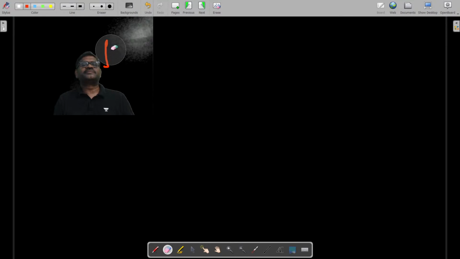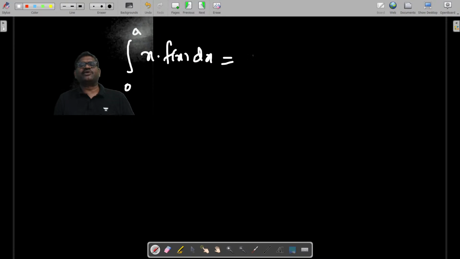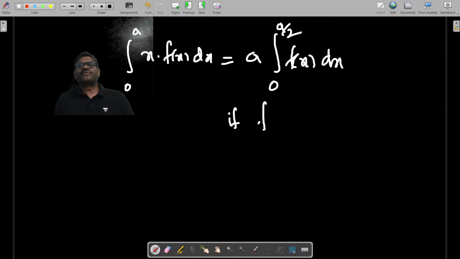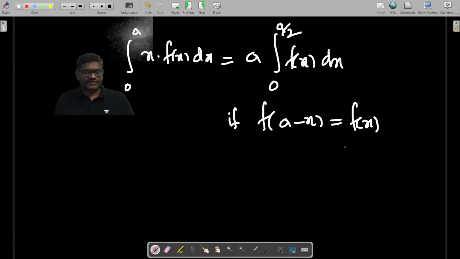Integral 0 to a of x into f of x dx is equal to a into integral 0 to a by 2 of f of x dx, if f of a minus x is f of x. That's why I am applying that formula.